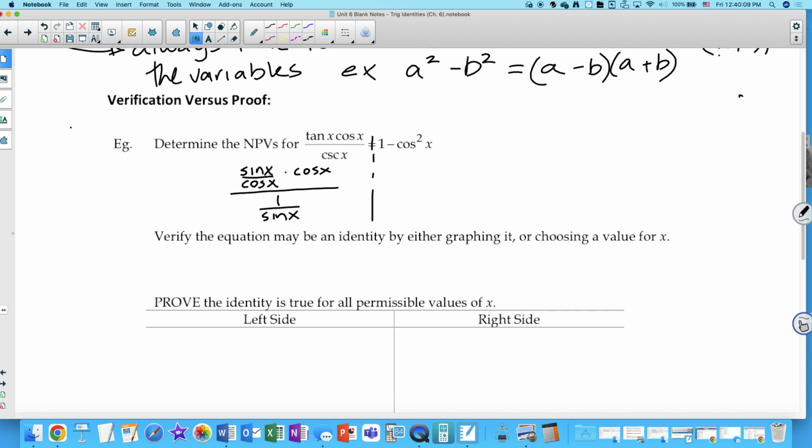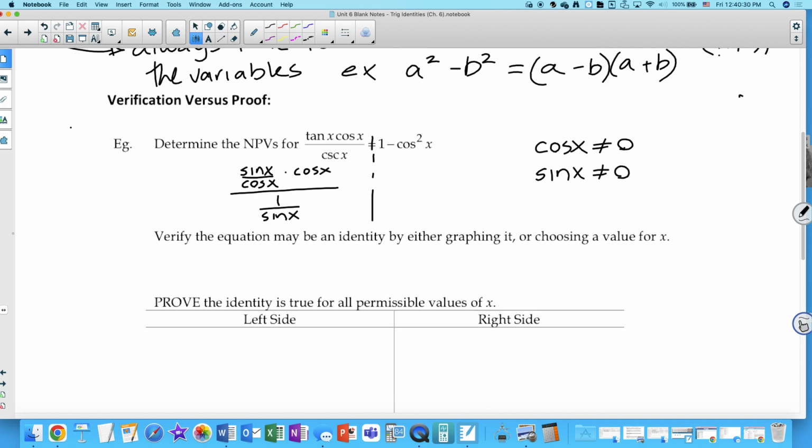Okay? So from here, two non-permissible values emerge. One of them is that cos x cannot equal 0, and the other one is that sine x cannot equal 0.